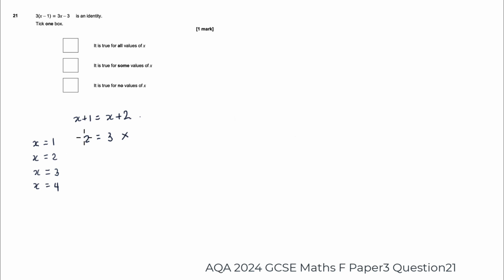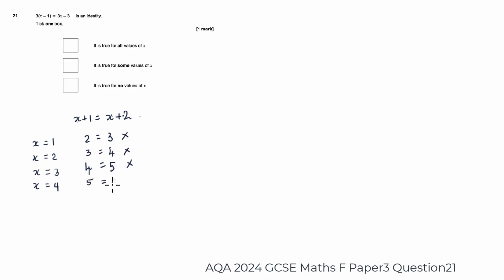Let's try x equals 2. 2 plus 1, 3. 2 plus 2, 4. Well, that's not so good. Let's try x equals 3. 3 plus 1, that's 4. 3 plus 2, that's 5. And again, that's not true. You can see the pattern building up.